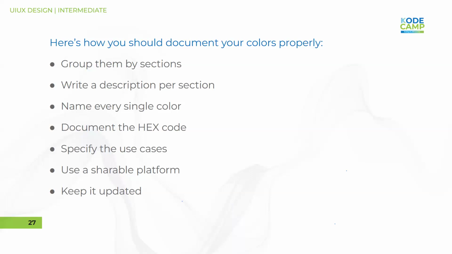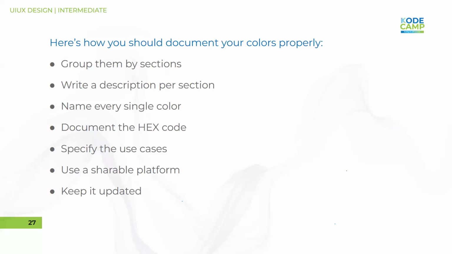Then also use a shareable platform. Well, in this case, what we use is Figma. You just go there, it's shareable, and then keep it updated. You can't in one day or in one sitting know every color that you will use. So if there be need that your color changes, make sure it is updated.